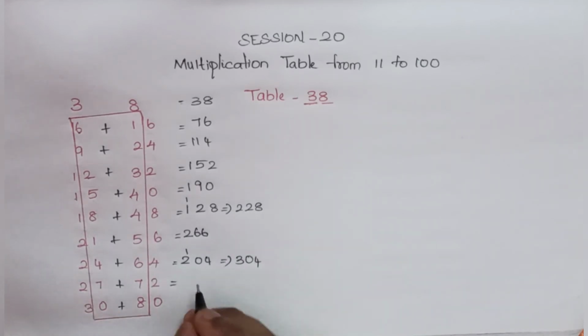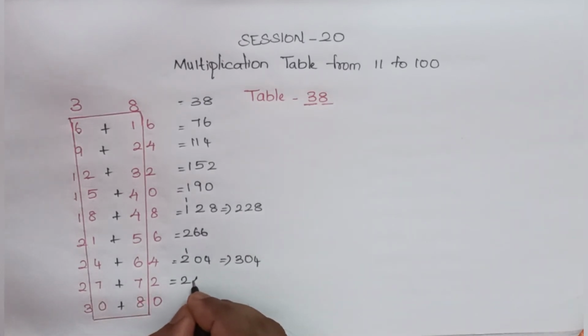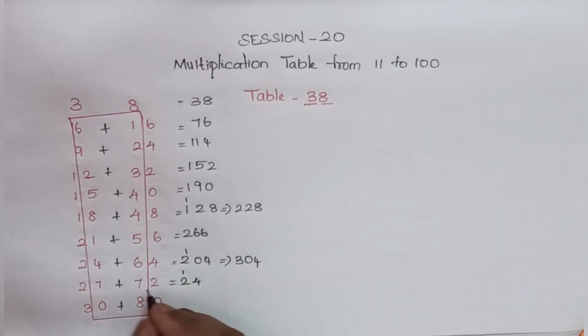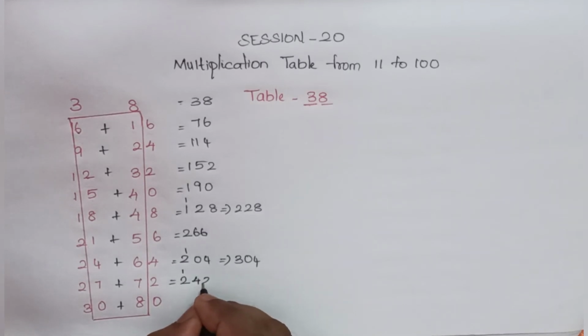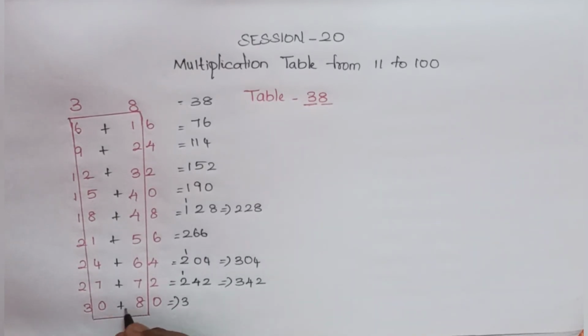Then 2. 7 plus 7 is 14. 4 here and 1 is a carry. Put 2 here. So 2 plus 1 is 3. 342. 3 here. 0 plus 8 is 8. Then 0. 380. This is the way.